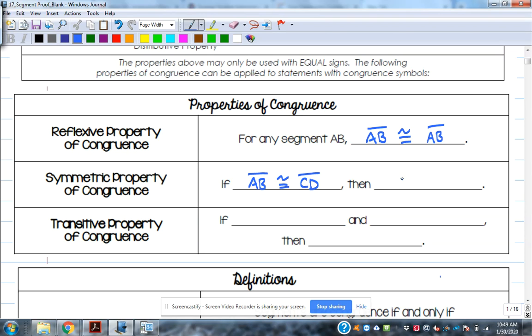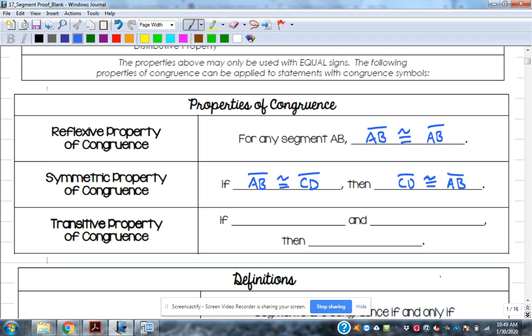Flips it around so that CD is congruent to segment AB. And notice that they have the notation for the object that they are.